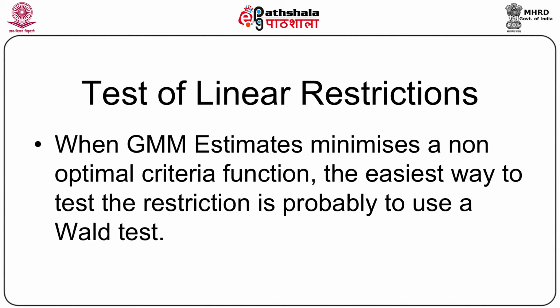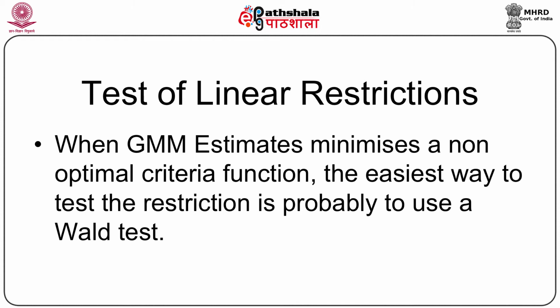So the result that the test of restriction may be based on the difference between the constraint and unconstrained minima of the GMM criteria function holds only for the efficient GMM estimator, and hence it will not be true for non-optimal criteria functions which do not use an estimate of the inverse of the covariance matrix of the sample moment as a weighting matrix.